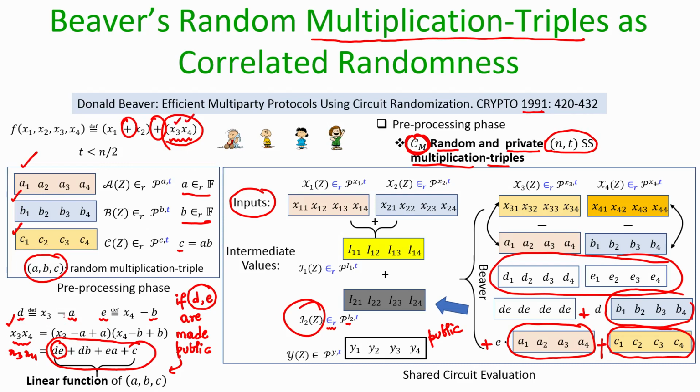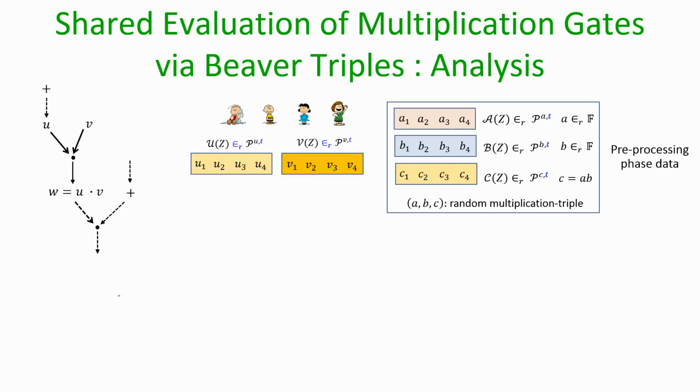Even though x 3 minus a is made public, since a was private and randomly chosen, and b was private and randomly chosen, learning D and E does not reveal anything about x 3 and x 4, because it could be any x 3 and any a whose difference would have produced this D. That means, for every candidate x 3 there is a corresponding candidate a, such that the difference of x 3 and a would have produced D, and a similar argument holds for E. But since a and b are picked randomly, it could be any x 3 along with the corresponding a which would have produced this D and this E. Hence, the privacy of x 3 and x 4 is maintained.